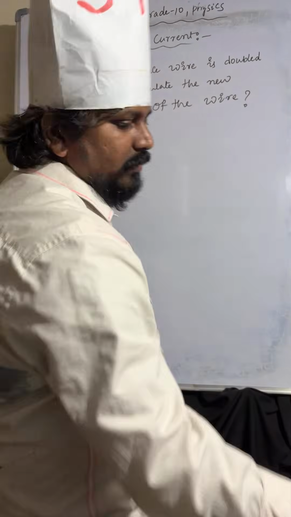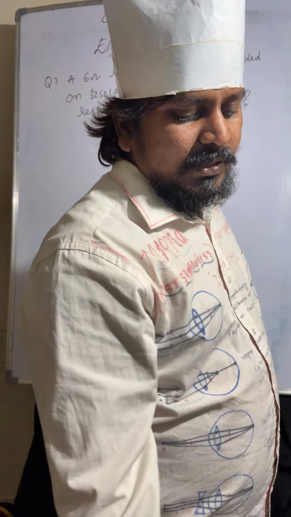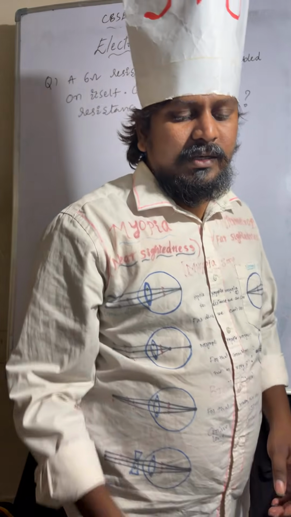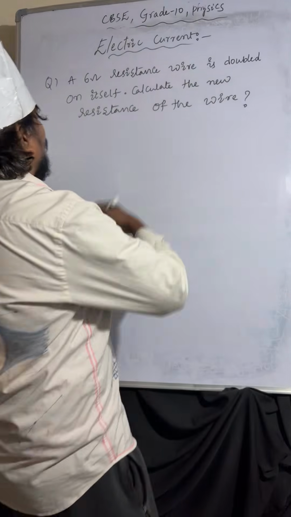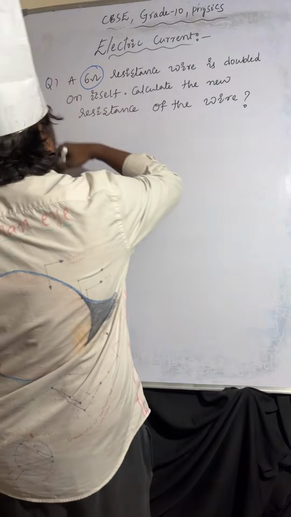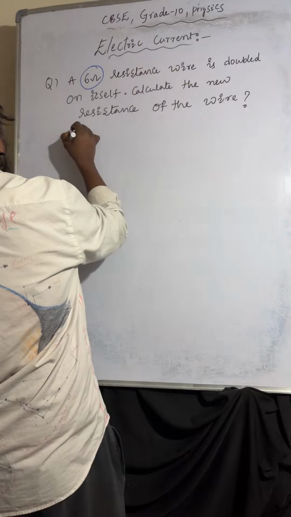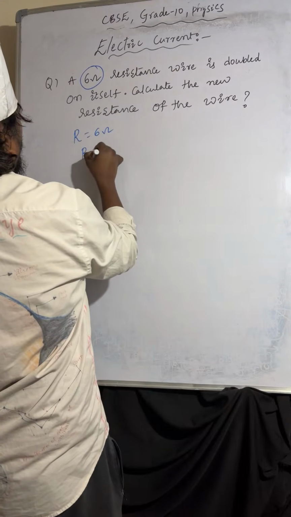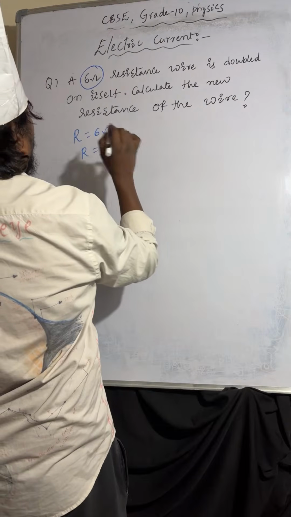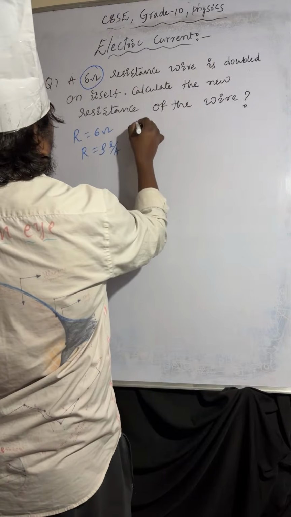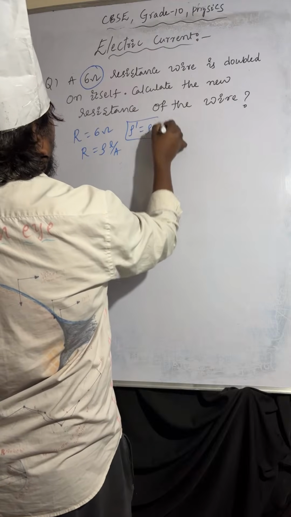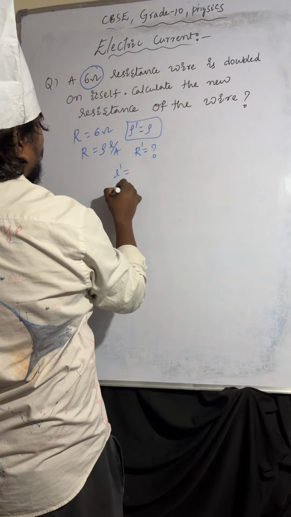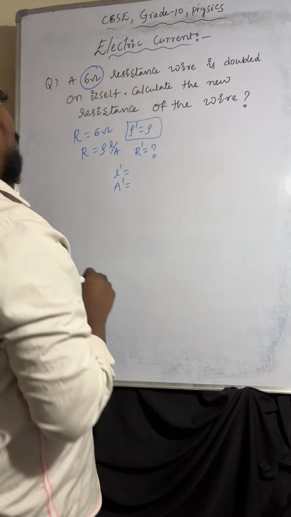Try to think about it and try to solve this type of question. Here they mentioned the original resistance, R equal to 6 ohm, where R equal to rho into L by A. Here it is the same material, so rho dash equal to rho. The new one is not changing, so R dash we have to find out. L1 is how much, A1 is how much, we will check.